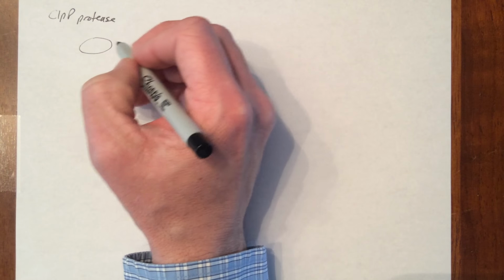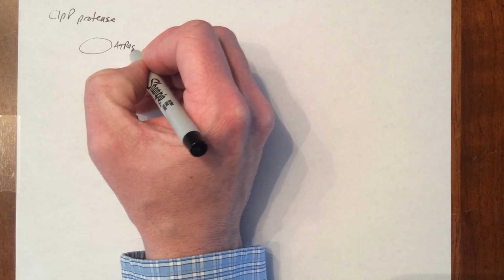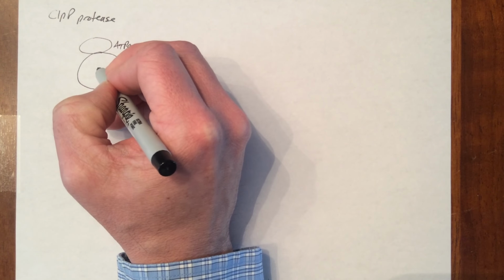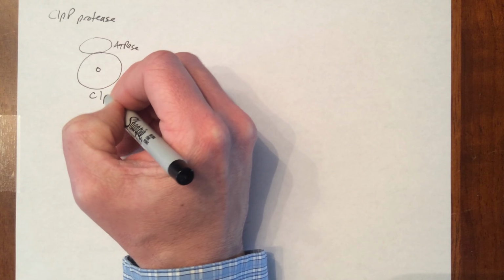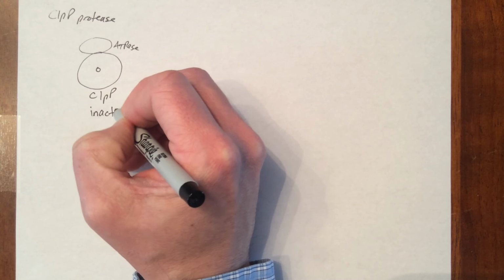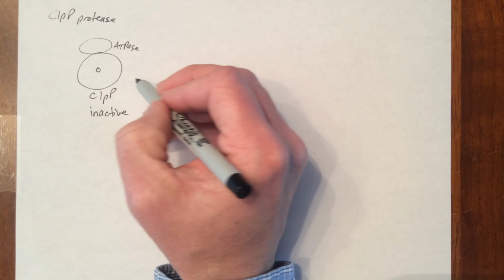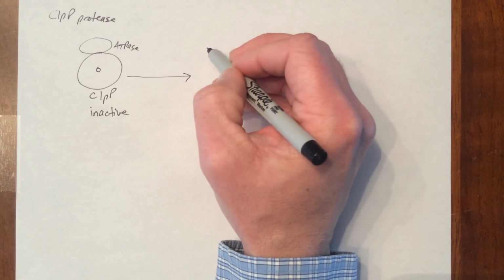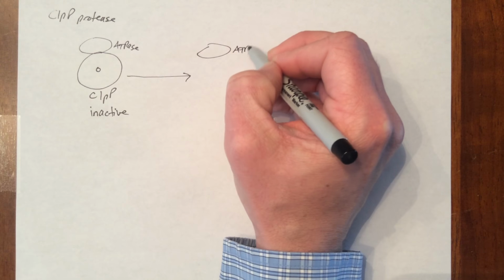Ordinarily there's an ATPase that controls the activity of the CLP-P protease, which I'm showing here, and normally it's inactive. But under the right conditions, the ATPase can become active.